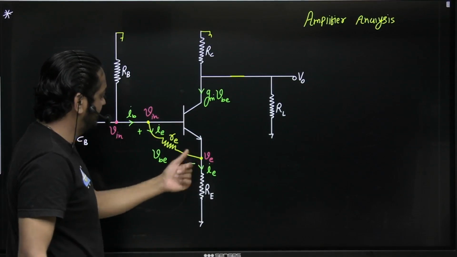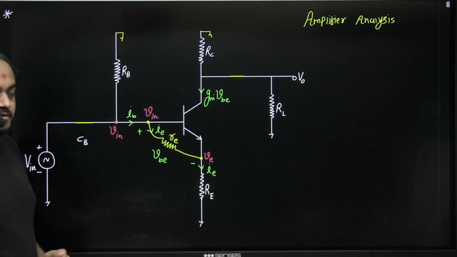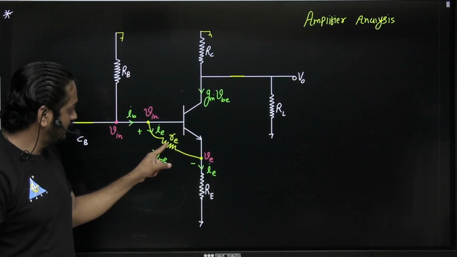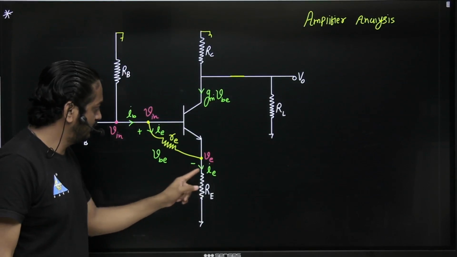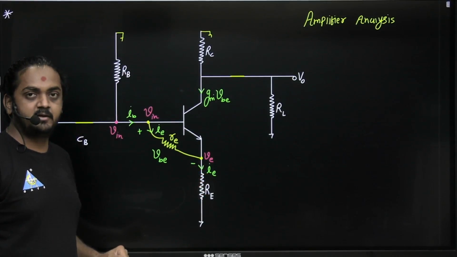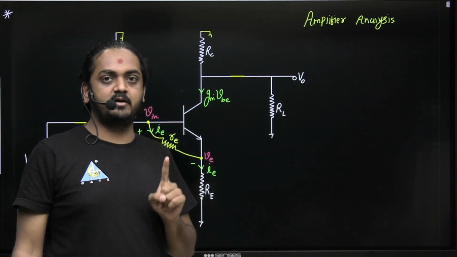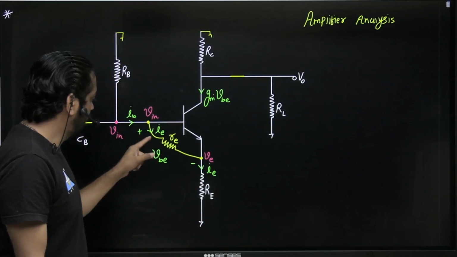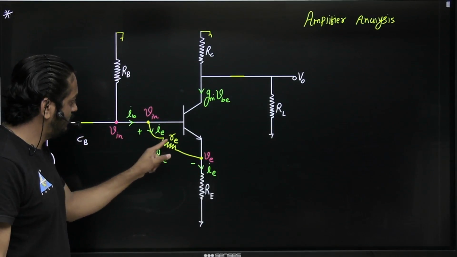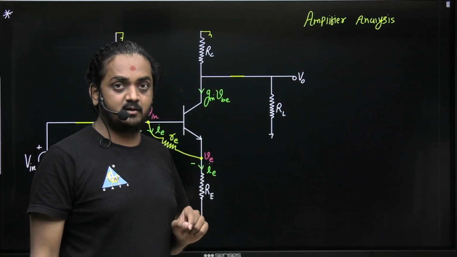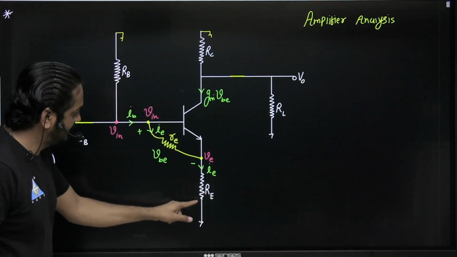Now you can see the emitter is not connected to ground, but observe the relation between small re and capital RE. Through small re emitter current is flowing, and through capital RE also emitter current is flowing. So in two resistors the same current is flowing. That's why we can say small re and capital RE are connected in series.